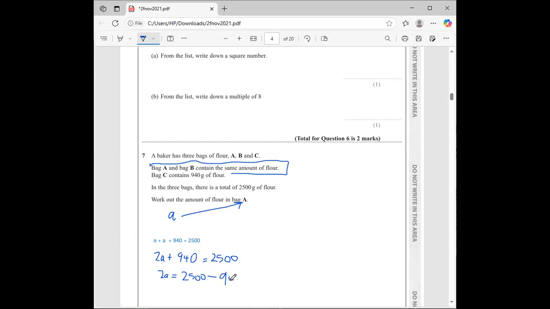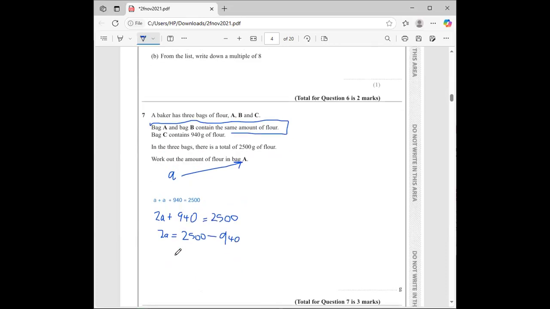Okay, so what does that give us on your calculator? 1,560. 1,560 is equal to 2A. So you're looking for A. What are we going to do to both sides? Divide by 2. Yes, divide both sides by 2.